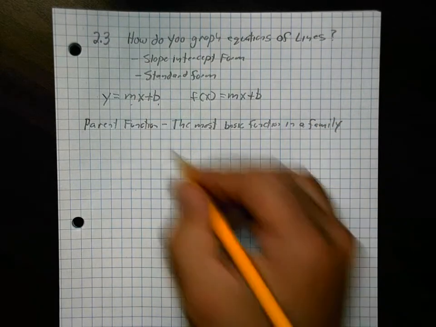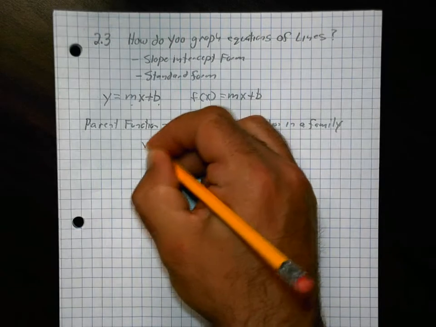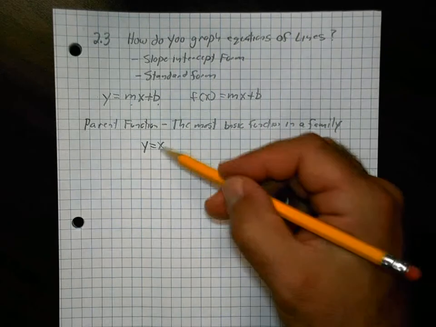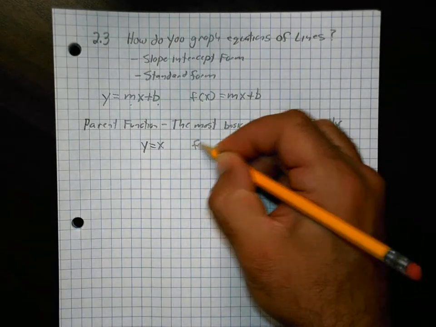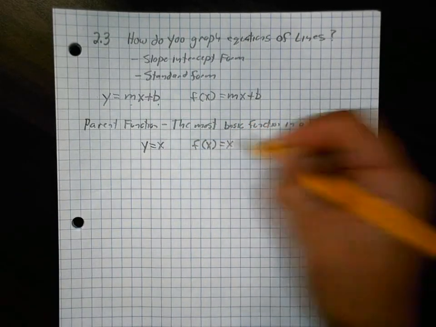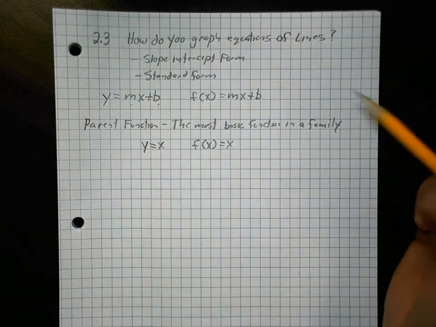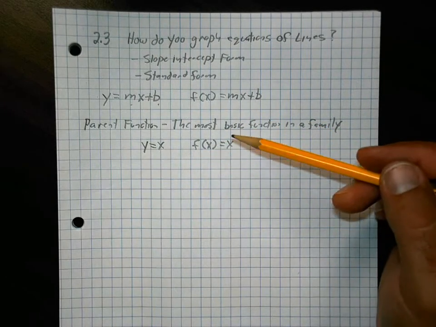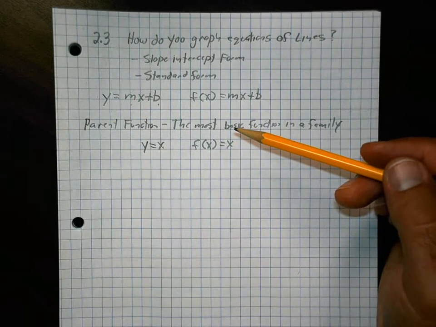So for a line, the parent function for a line would be y equals x. It's the simplest equation of a line, or function notation f of x equals x. If it happened to be parabolic, it would be y equals x squared. It's the simplest parabolic function. So that's a parent function.